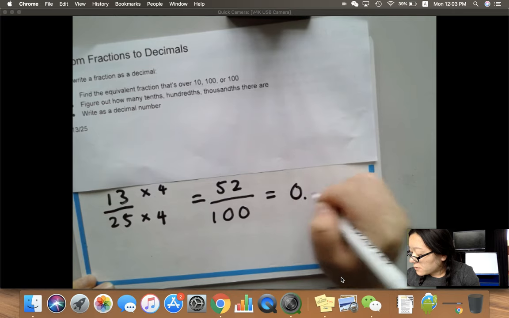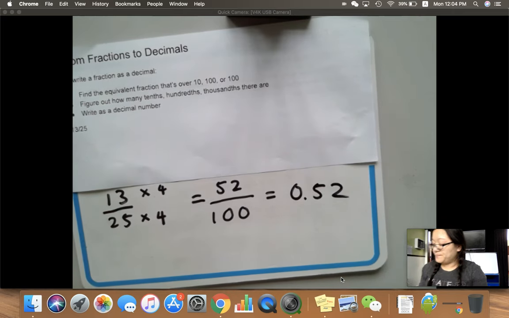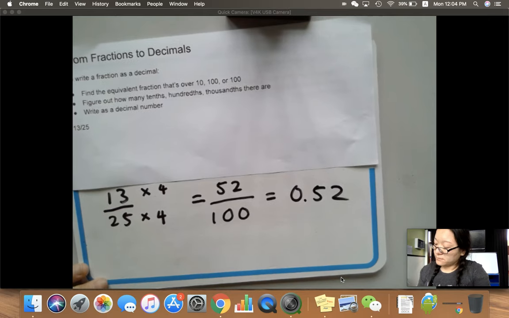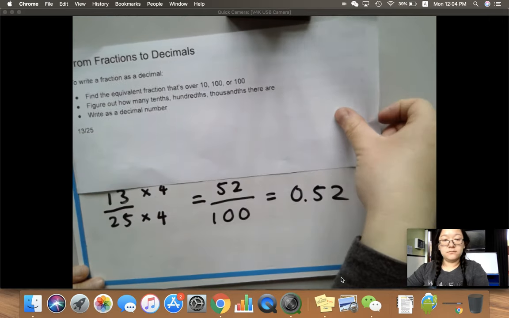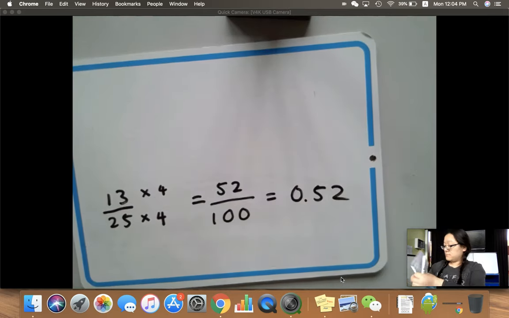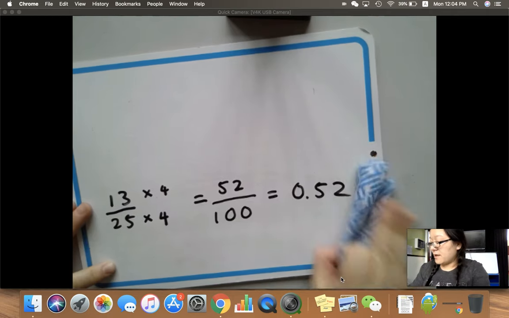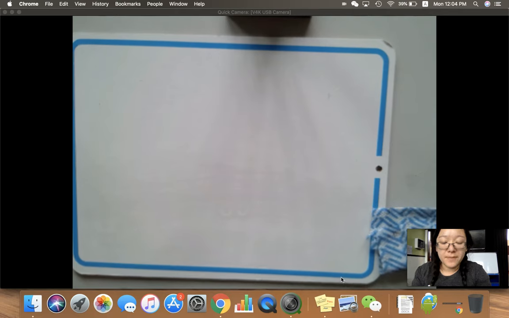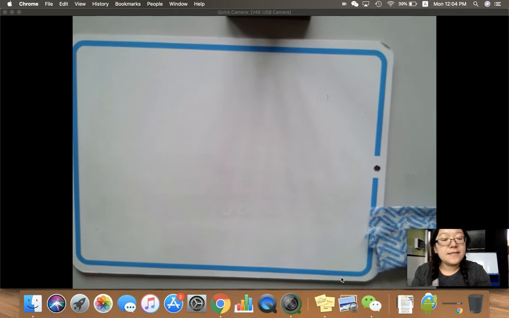So 0.52. Okay. And that is basically how you convert between all the different combinations of fractions, decimals, and percentages.